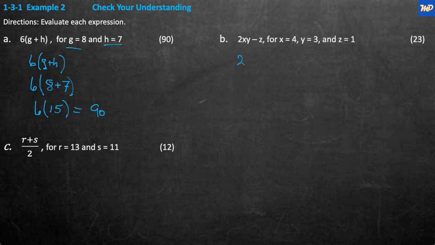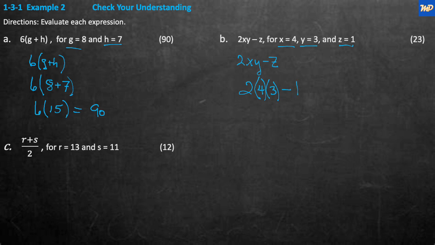B, 2xy minus z. And you were going to replace the x with a 4, the y with a 3, and the z with a 1. So we have 2 times x equals 4 times y equals 3, and now we have a negative sign, and then a z, and the z we're going to replace with a 1.